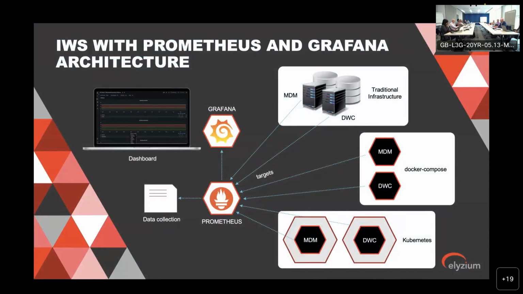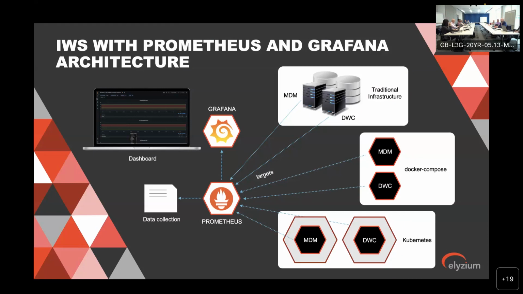So this is probably the most important slide in terms of how this all fits together. So you have your master and your DWC, your backup master, in different types of environments. Although most people think of Prometheus and Grafana as containerized tools, it doesn't necessarily have to work in the containerized world with IWS.